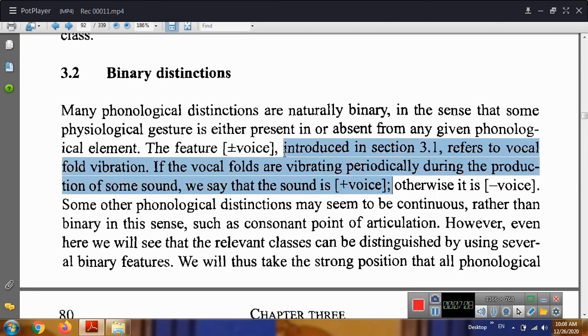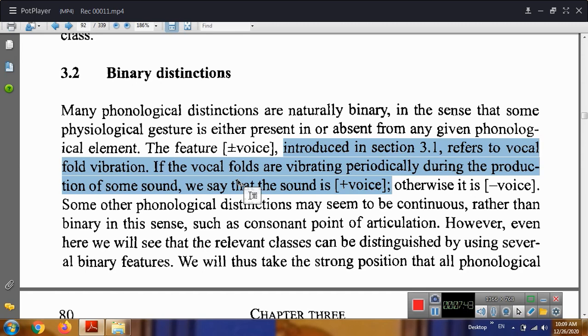You know what we mean by voiced and voiceless sounds; you read about it in phonetics. If while producing some sound we have vibration in the vocal cords, which lie behind the Adam's apple, we name that sound voiced. And when we don't have any vibration in the vocal folds while producing that sound, we consider it minus voice, or voiceless.